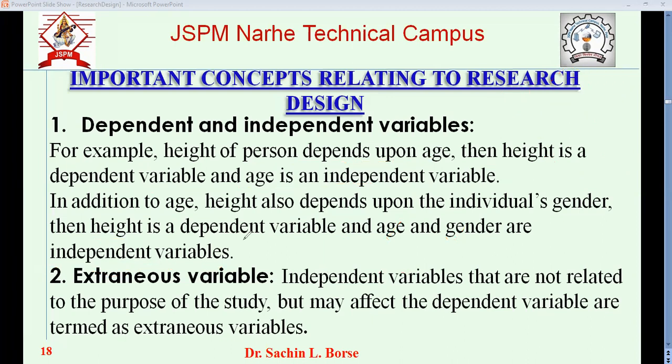Now we'll see what is meant by extraneous variable. We already saw in the principle of experiment design that there can be an extraneous variable. Like we saw the example of two varieties of rice, and we want to compare their productivity.